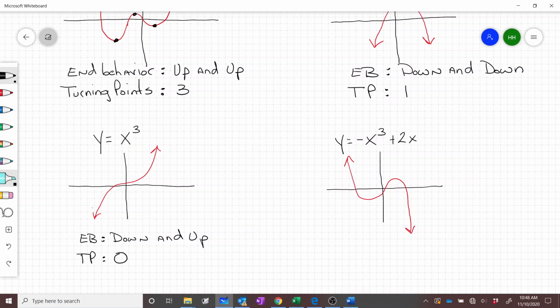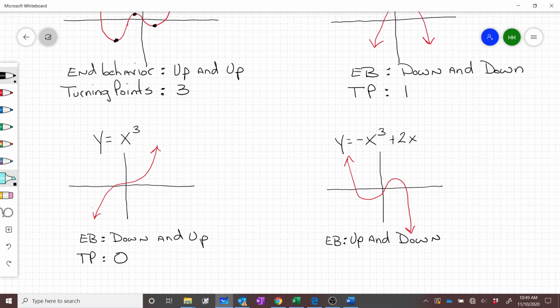End behavior: this is up and down. And hopefully you're seeing how we determine the end behavior. We go from left to right. What's going on at the far left of the graph? Right here it's going up. Far right of the graph it's going down, so your end behavior is up and down. Over here on this example, we start on the far left, it's going down, and we work to the far right where it's going up, so that's a down and up end behavior.